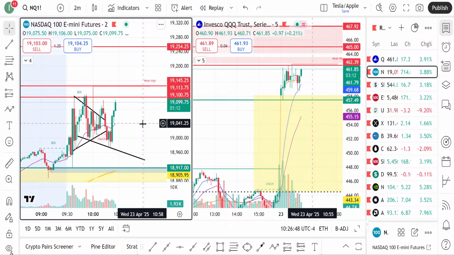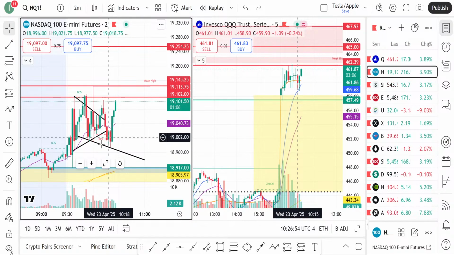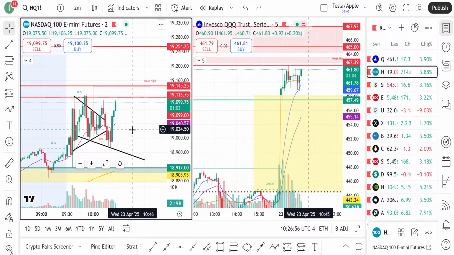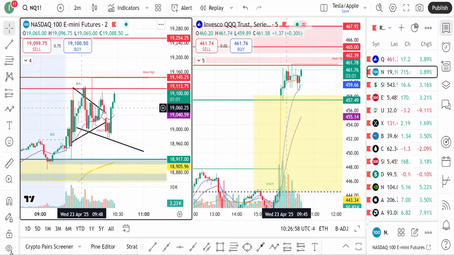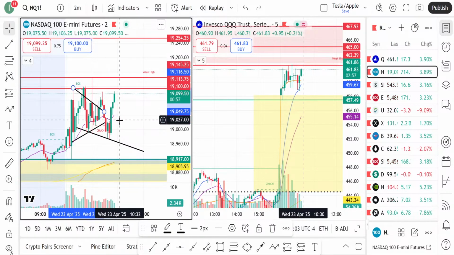Market's looking strong, guys. That was a nice fake to the upside. They faked it to the downside, right? This is how the big boys make money. They make us lose so that they can make their money.